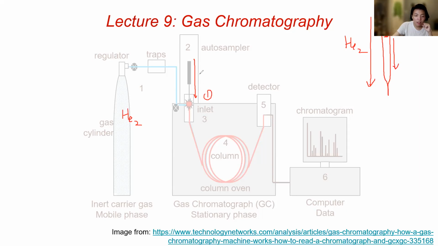But helium is a gas and the sample we injected is liquid. So for the compounds to separate, they have to go to gas phase. And this is what the oven is for. We want to evaporate the liquids to gas.